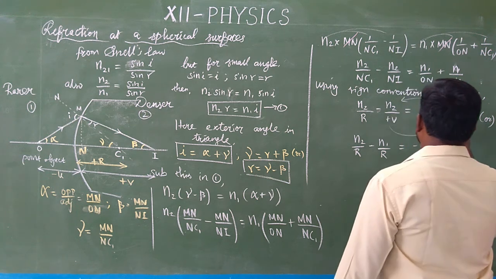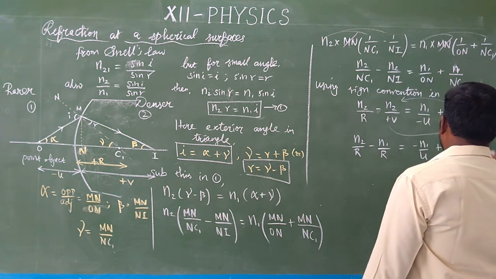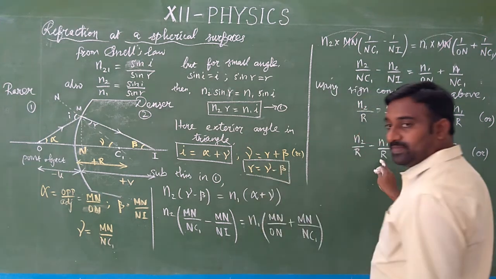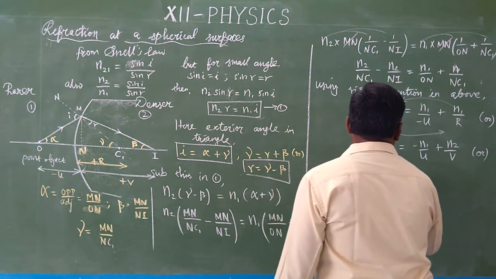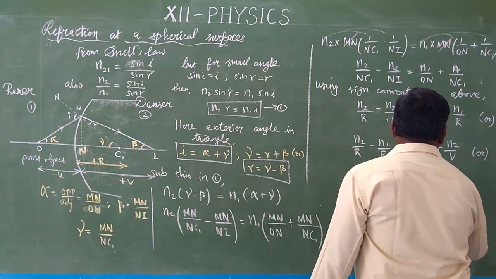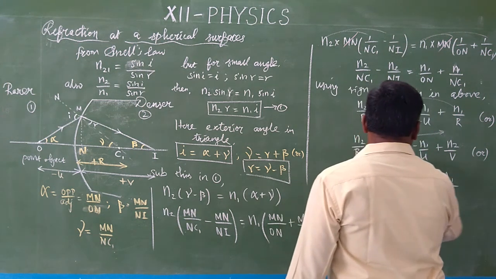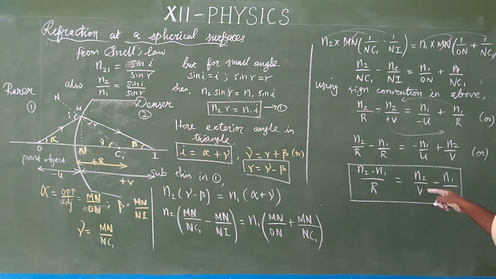This minus you are transferring to right hand side, you will get plus n2 by v. Commonly the denominator r you take. So n2 minus n1 by r, which is equal to n2 by v minus n1 by u. So this gives the relationship between the refractive indexes, radius of curvature, object distance and the image distance.